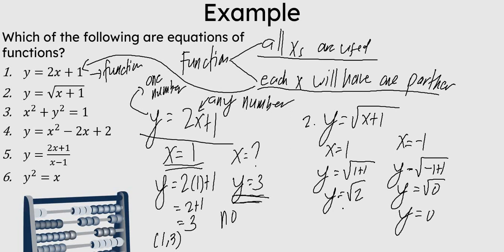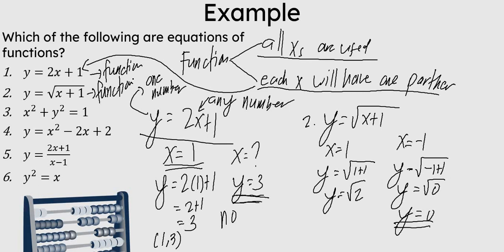The square root of 2 is an irrational number, that's why we leave it as the square root of 2. If I continue putting numbers here, I will just have one value of y for each x. That's why 2 is also a function.